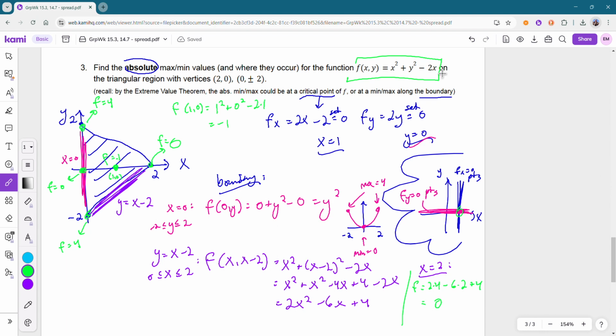Just do a quick sanity check. If we plug 2, 0 into our original function up here, we do get 4 plus 0 minus 4, which is 0.